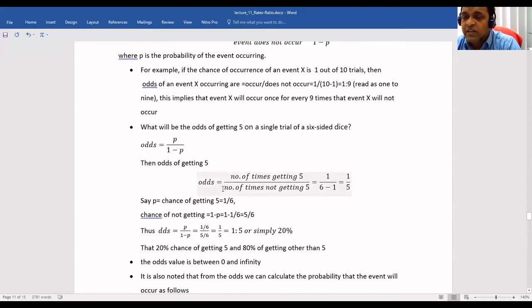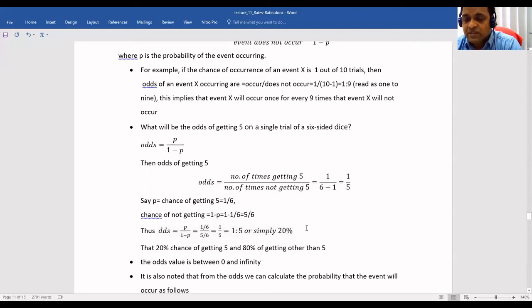Or simply, we can express it with probability. The probability of getting 5 is 1 over 6, and the probability of not getting 5 is 1 minus P, that is 5 over 6. If you divide the probabilities, you will get 1 over 5, or 1 to 5.